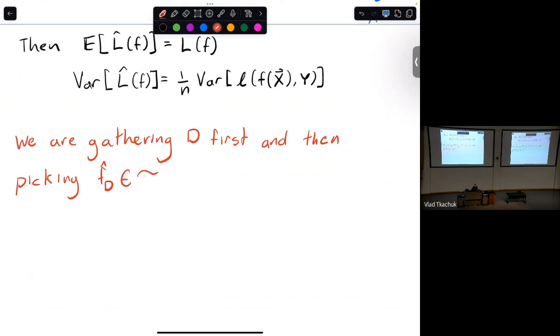Picking f hat from our function class based on data. Okay. And in other words, this is in contrast to before, because now f hat of d depends on the data.